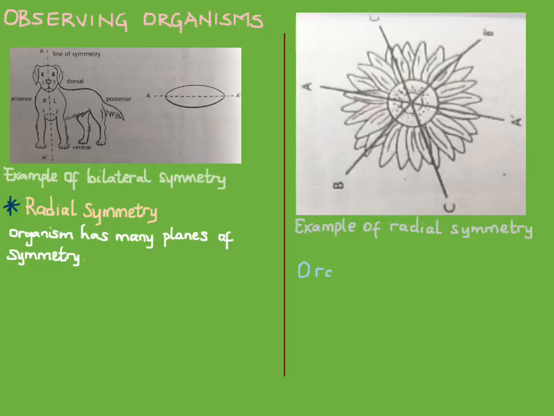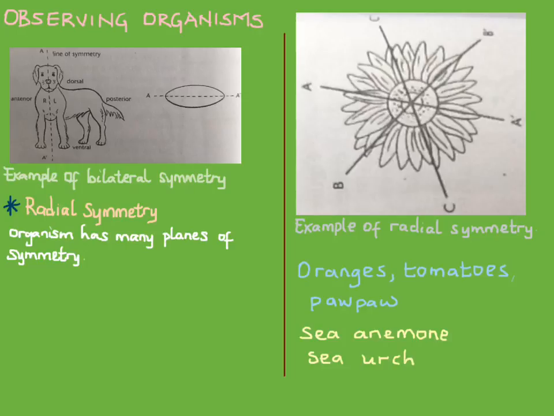Many fruits, such as oranges, tomatoes, and pawpaw, and some animals, such as the sea anemone and the sea urchin, show radial symmetry.